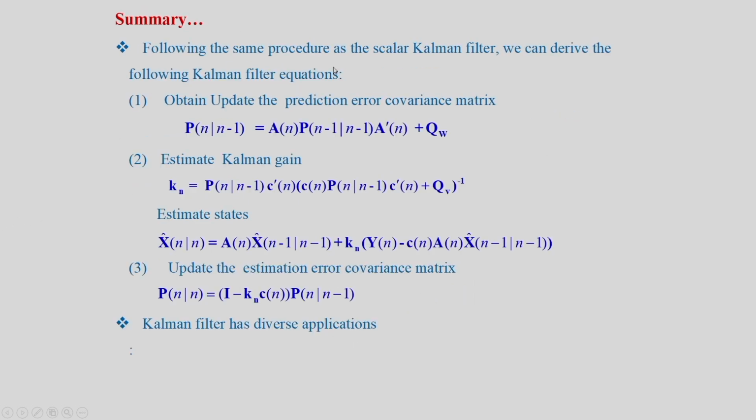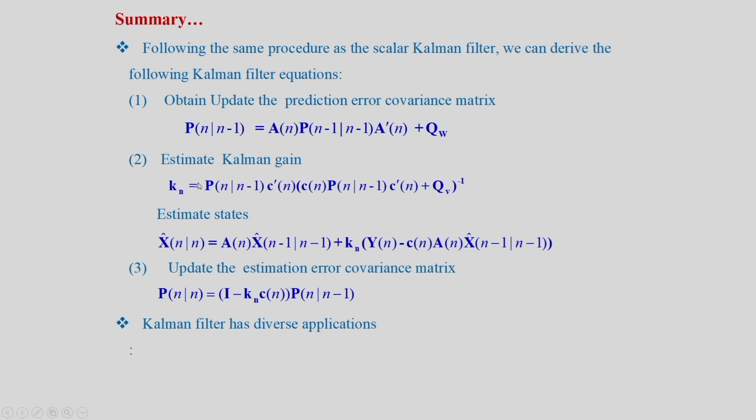Following the same procedure as the scalar Kalman filter, we can derive the following Kalman filter equations. First, the update of the prediction error or a priori error covariance matrix: P of n given n minus 1 is equal to An into P of n minus 1 given n minus 1 into An transpose plus QW.